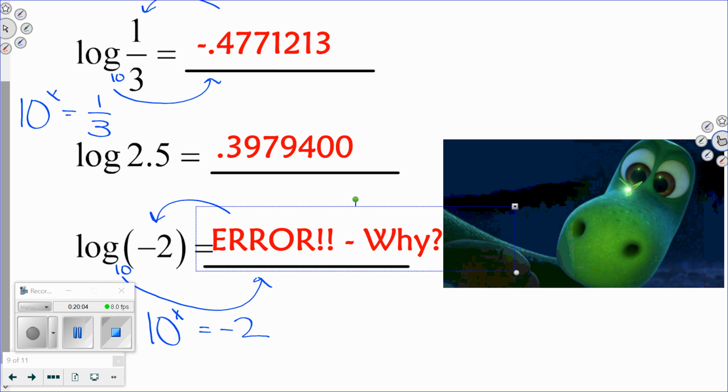Because you can't. You got what? No real answer? Yeah, because it's not real. That's why we couldn't do square roots of negative numbers. We just can't do it. So, will I give you things like this? No. But I just need you to understand why. Because it's asking you to turn a positive number into a negative by raising it to an exponent, which is not possible.